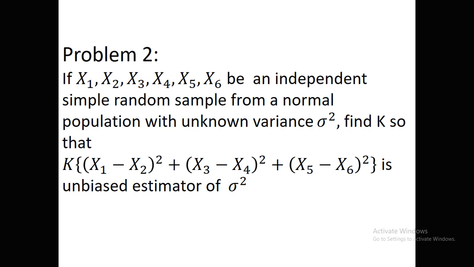So what we can say is that the expectation of this statistic is equal to sigma square, since it is given unbiased. X1, X2, up to X6 is a sample of size 6, as I already told you. Next, they are all from a population with mean m.